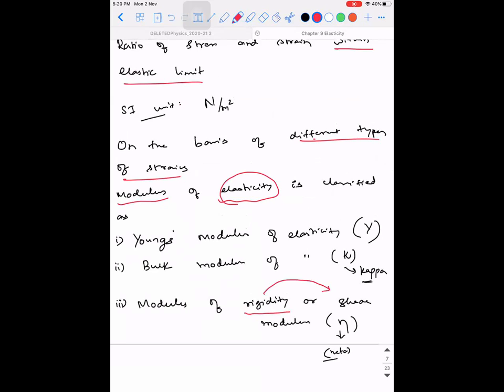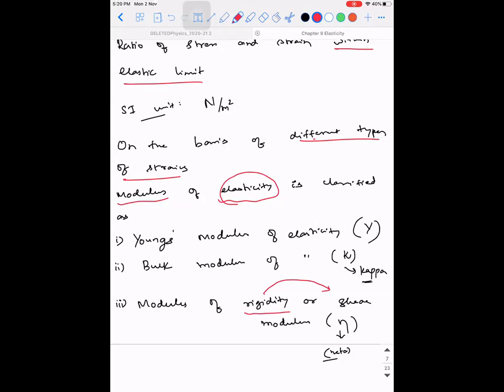It is called modulus of rigidity because this constant is mainly defined for solids, rigid substances. As I told you, the main application of this chapter is for civil engineers. Those in material science, if they have to construct something, have to check the strength of a material. These are all the parameters they take into consideration.